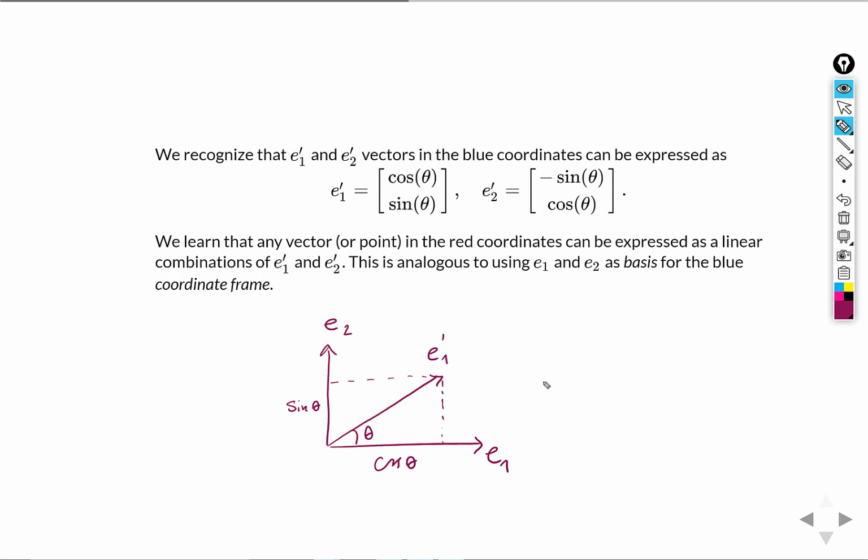Therefore, E1 prime in E1 and E2 basis takes this form. And we learned that we can write it as this vector.